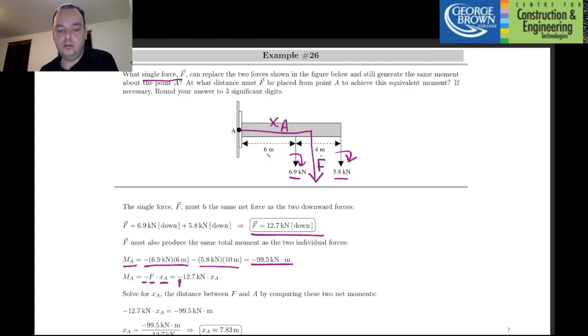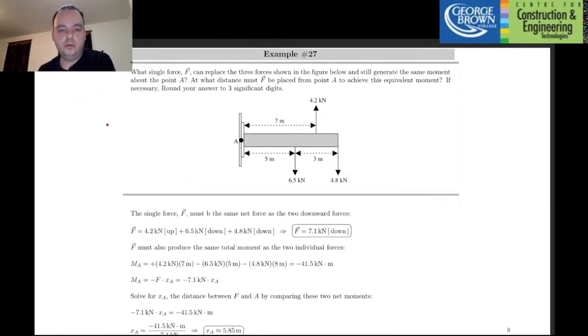There's your negative sign. This number here represents the actual magnitude of the force, and xa is what we're solving for. So, simply set this equal to this. And when you do that, with some very quick algebra, you should be able to get the answer of 7.83 meters.